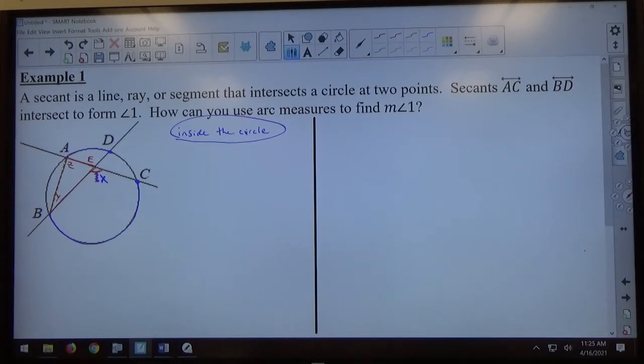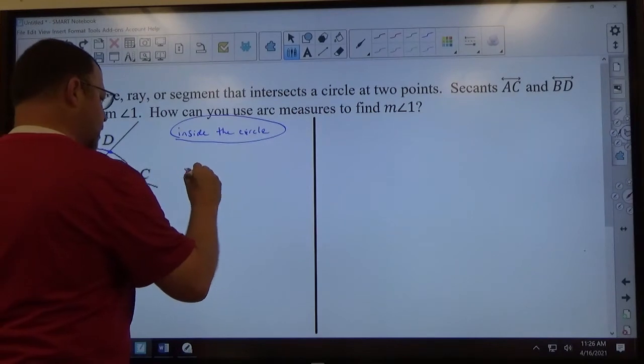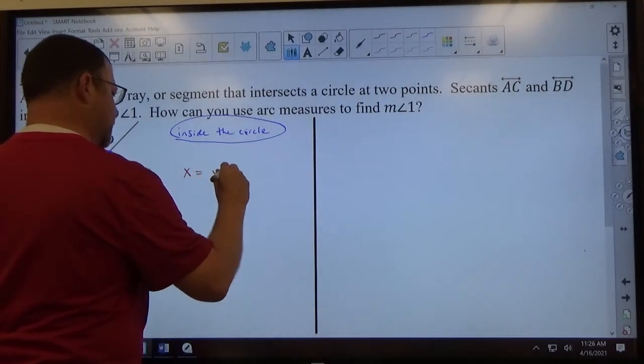We have an exterior angle to the triangle, and we have two remote interior angles of the triangle. Can anybody remember the relationship between the exterior angle of a triangle versus the remote interiors? The two remote interiors, the two far away from the angle, these two add up to that one. So I know that X equals Y plus Z.